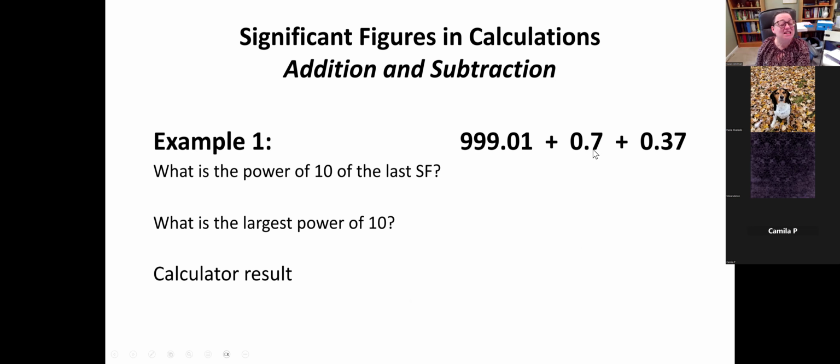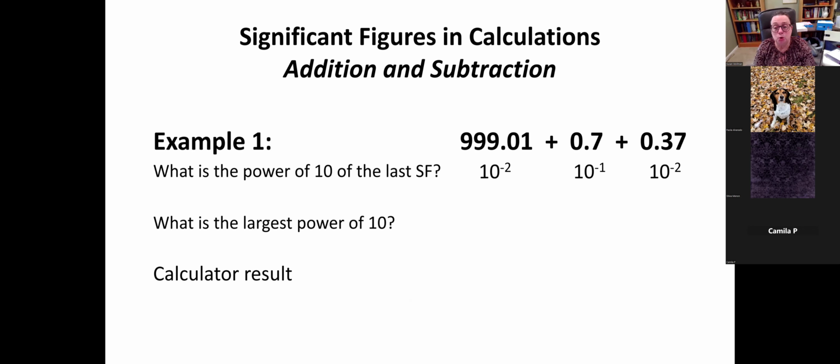That's in the tenths place or the 10 to the minus 1 position, the first decimal place. And our last one also is in the second decimal place, or the hundredths place, or the 10 to the minus 2 place. So I'm going to write those down there: 10 to the minus 2, hundredths place; 10 to the minus 1, the tenths place; and 10 to the minus 2, also the hundredths place.